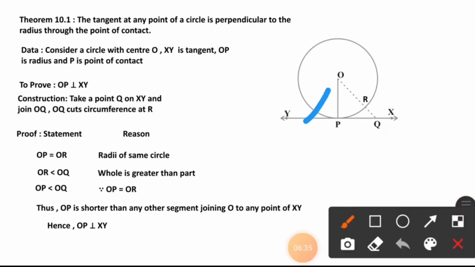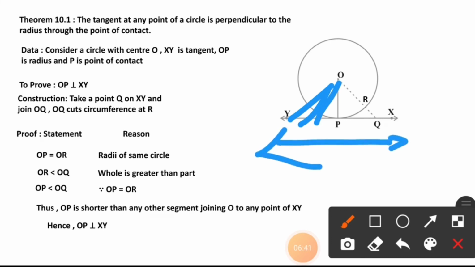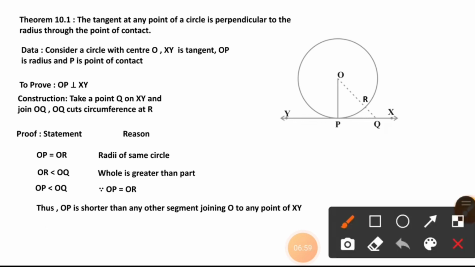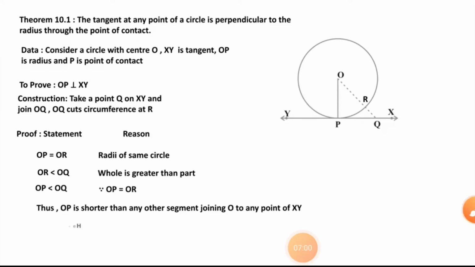If you take any number of lines from O to this line XY, this line will be shorter than those other lines. So the shortest distance is that line which makes 90 degrees to the base. Since it is the shortest distance, we are able to tell that OP is perpendicular to XY.